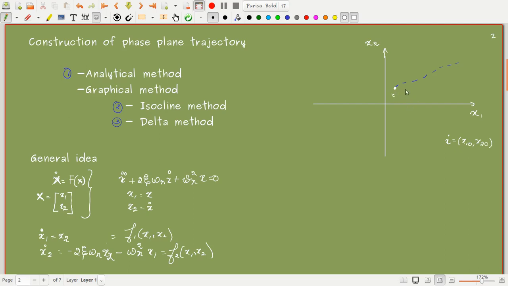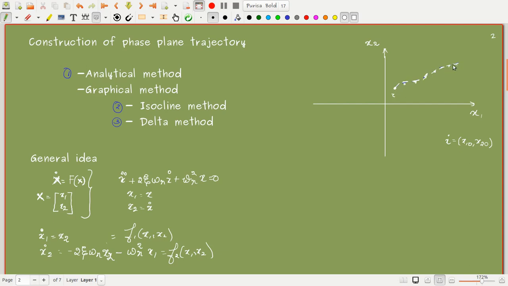If you look at this curve, if you take a tangent at every point on this curve, it is effectively the slope of this curve at every point. If I draw the slopes of this curve at different points, we can effectively get the path of this curve.